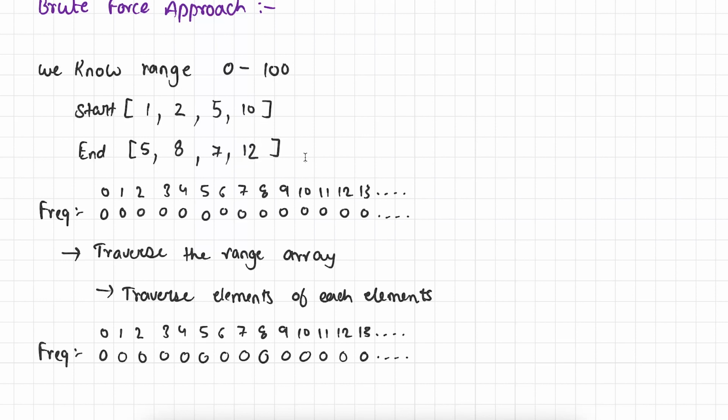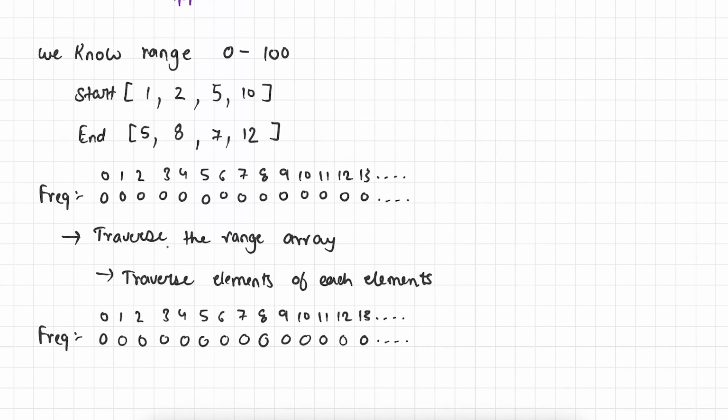Once we get access to the ranges, we are going to traverse all the elements present in each range. For example, the first range is 1 to 5, so we traverse all the numbers from 1 to 5. While traversing all the numbers of the range, we go to that particular index and increment the value by 1.